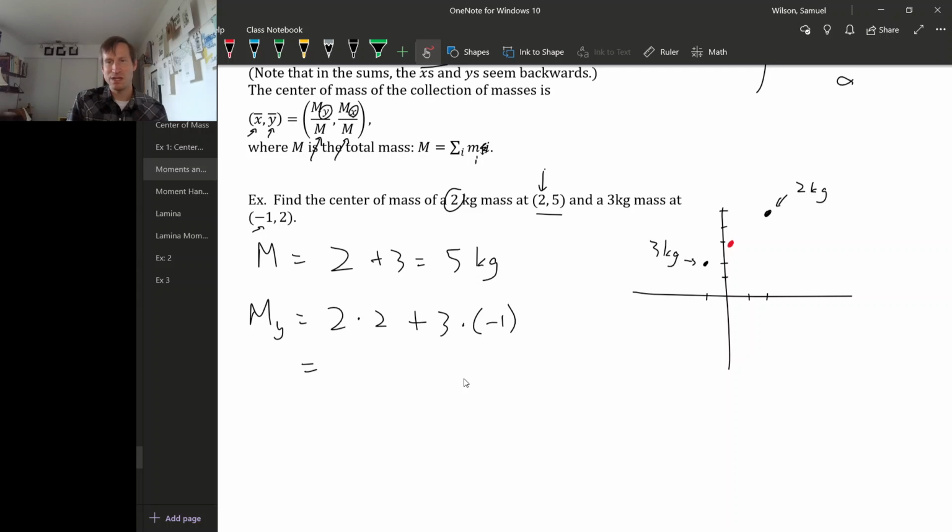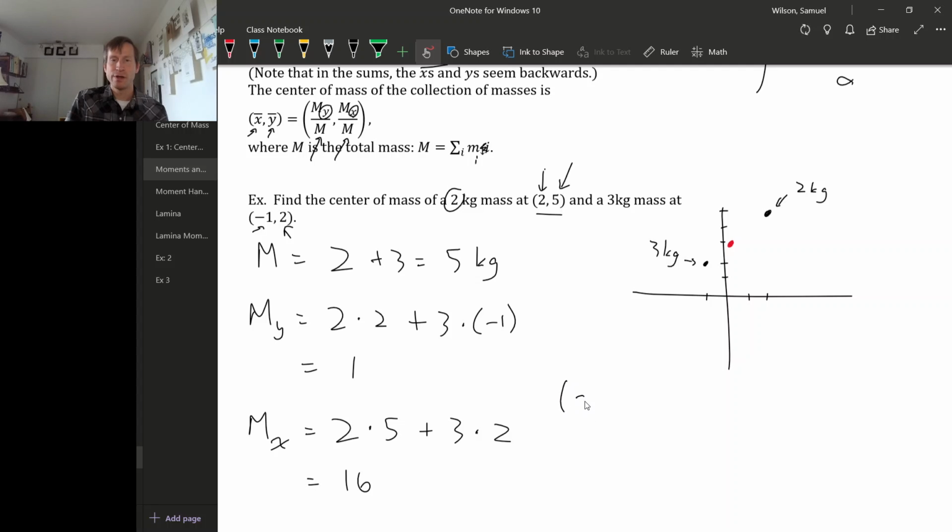So that's going to be 4 minus 3, that's +1. The moment about the x-axis, that's the 2 kilogram mass times the y-coordinate for that mass, which is 5, plus the 3 kilogram mass times the y-coordinate for that mass, which is 2. So 10 plus 6, 16.